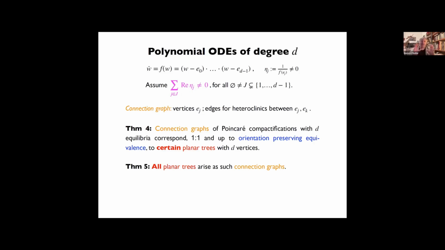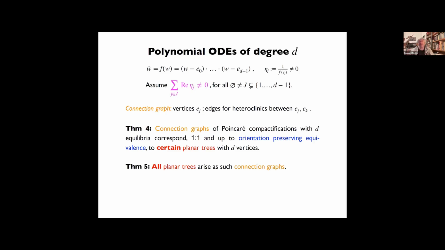I can draw the connection graph of the Poincaré compactification in the interior. Like I have sources and I have sinks and I have heteroclinic orbits between them, and the connection graph draws an edge between such two equilibrium vertices if and only if there exists a heteroclinic orbit. And these connection graphs are trees. They are planar trees, and there is a one-to-one correspondence between these Poincaré compactifications and the planar trees.